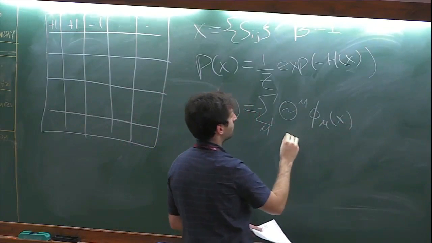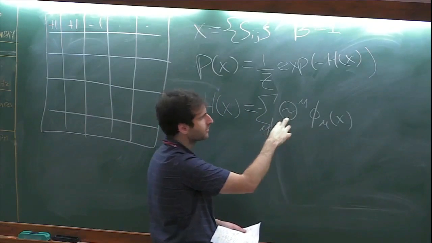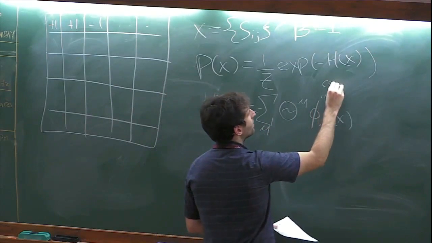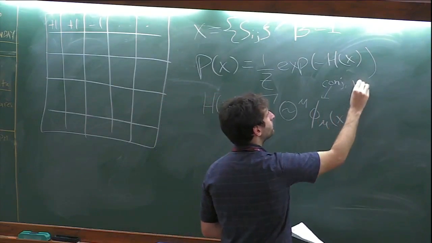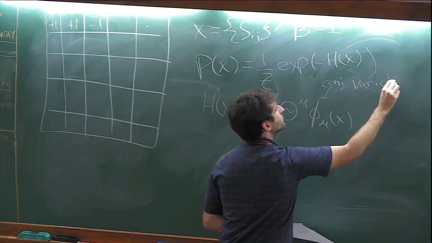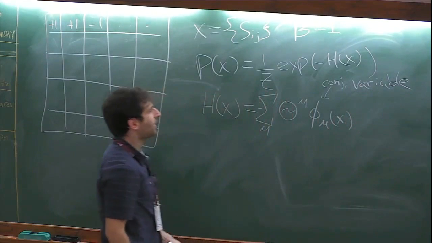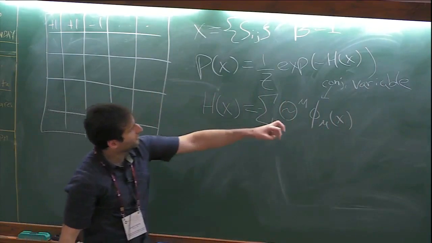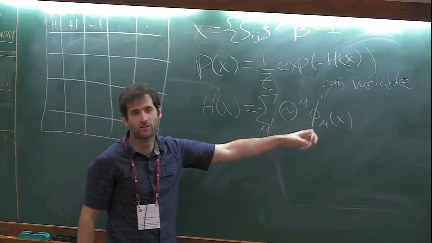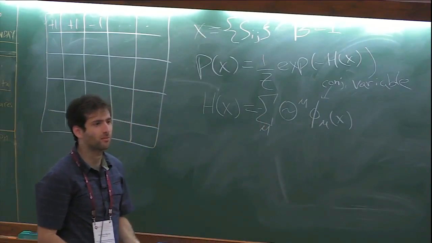So these are going to be my parameters. These are called conjugate variables. And if I tell you what the conjugate variables are, that's enough to define the model class, or the model that I'm thinking of.